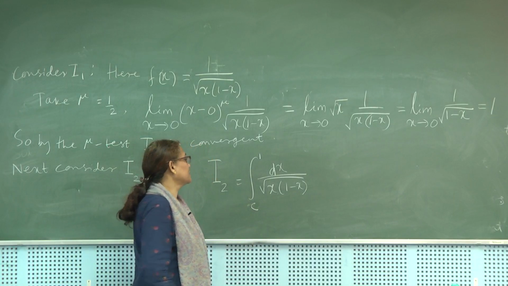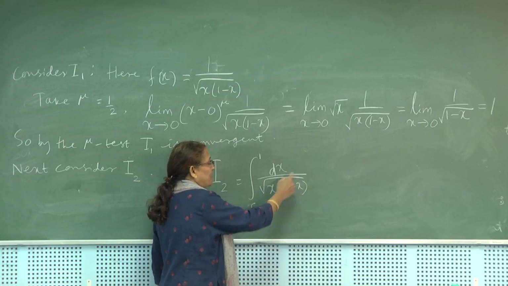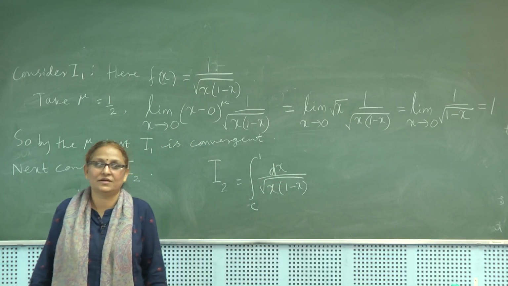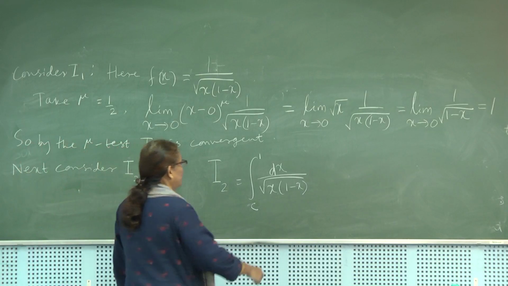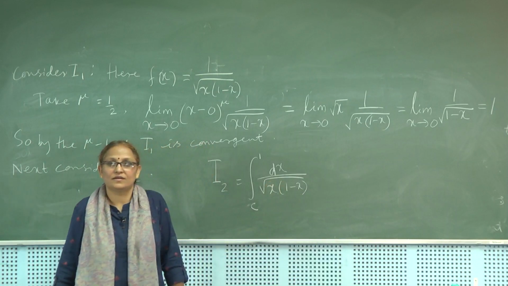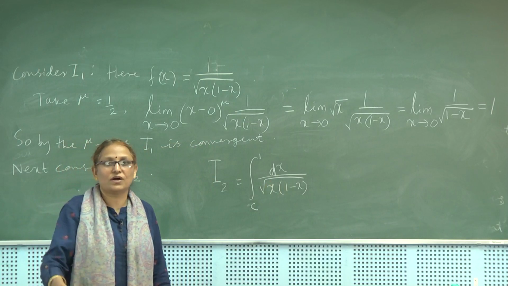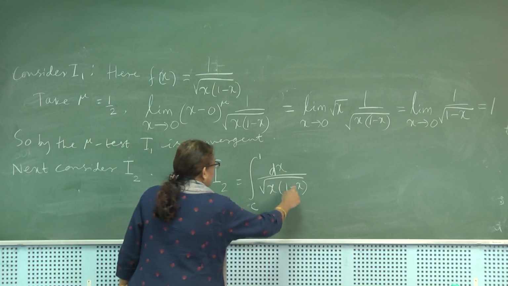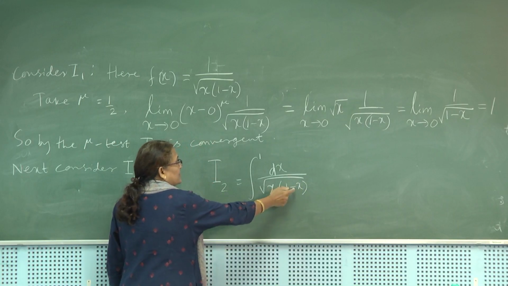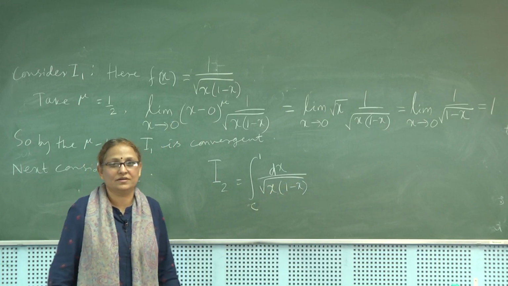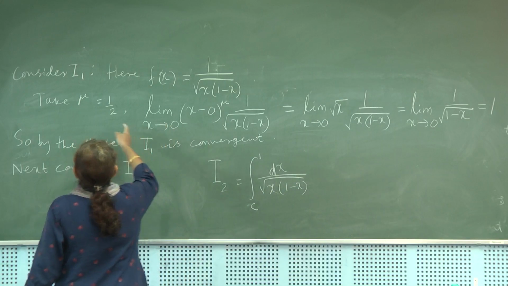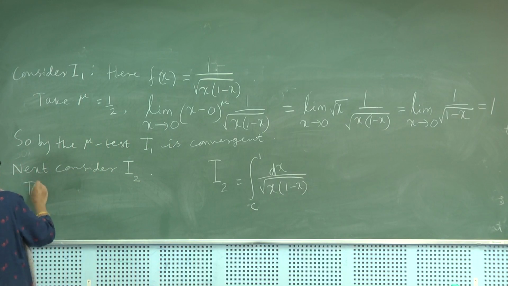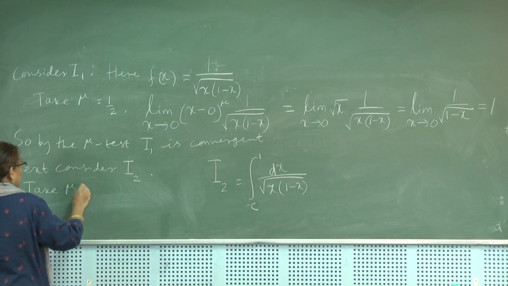Somehow we have to remove the factor 1 upon square root of 1 minus x, so that the limit x tends to 1 can be determined. That is why we consider the power of the factor 1 minus x to also be half here. The same mu value works here. So, therefore, here also we take mu equal to half.